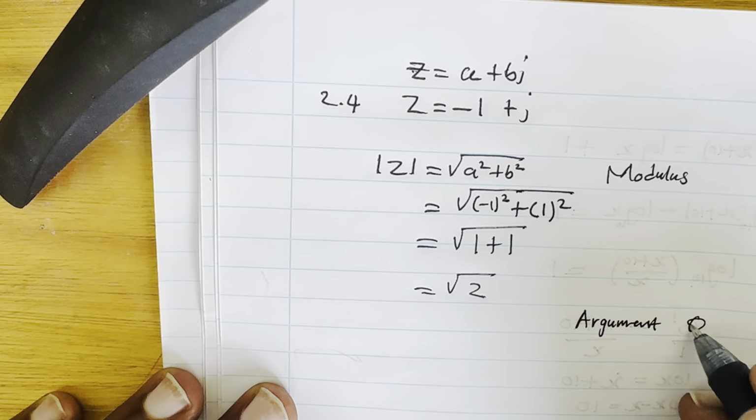We have the values of a and b from there. So tan of theta is equal to negative 1 divided by 1. Theta will be equal to tan inverse of negative 1.